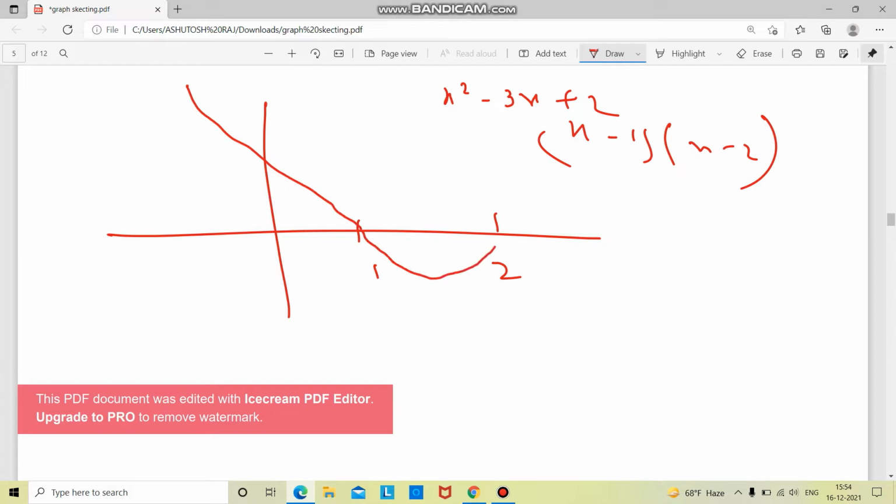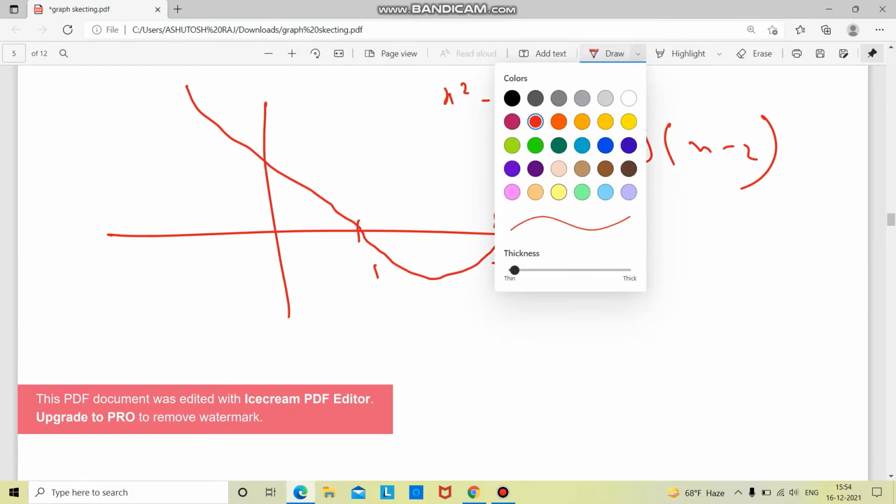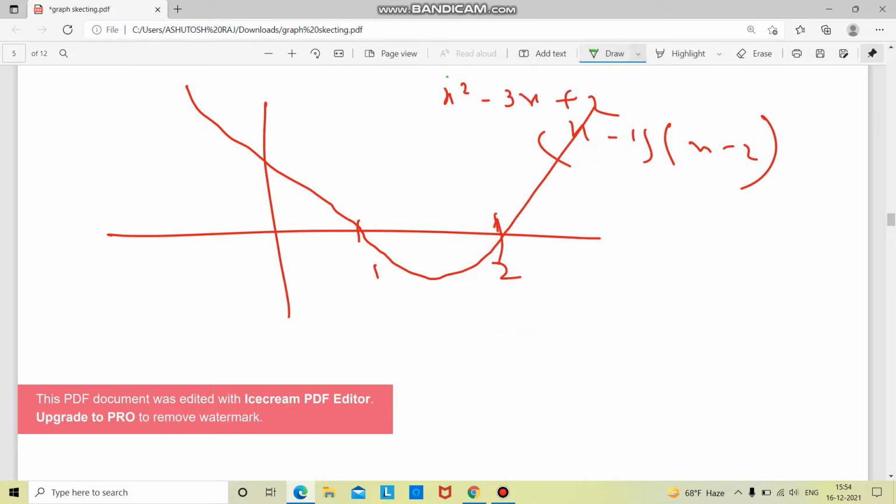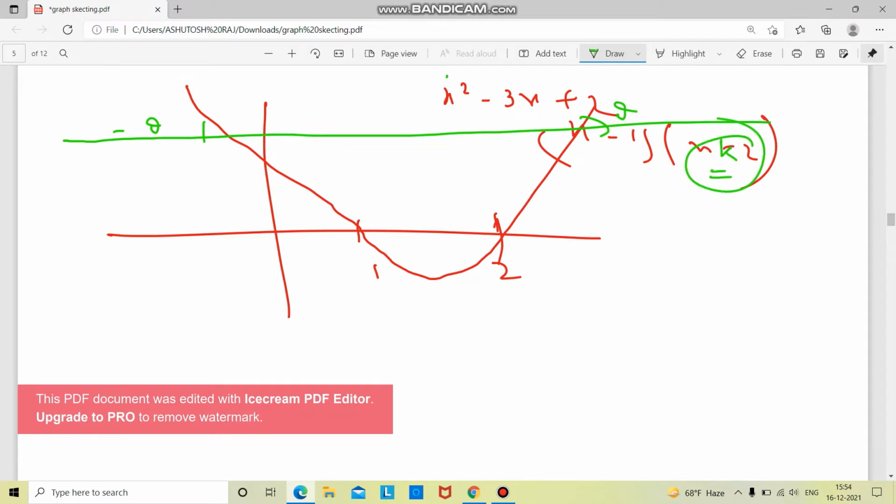This is our graph, something like this. And we can draw y equal to k as something like this. And we have to find this angle and the value of k.